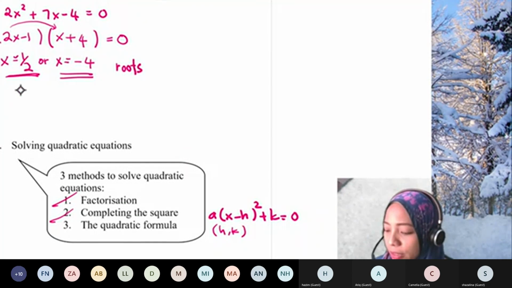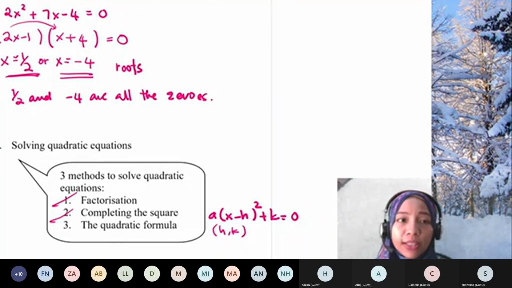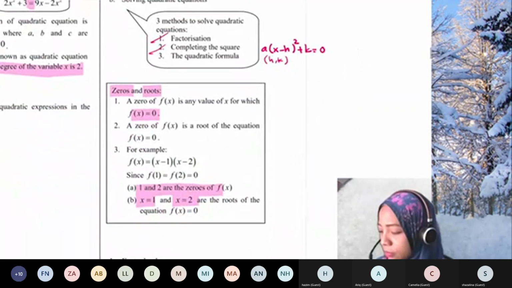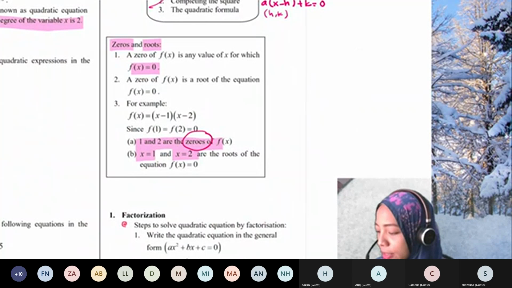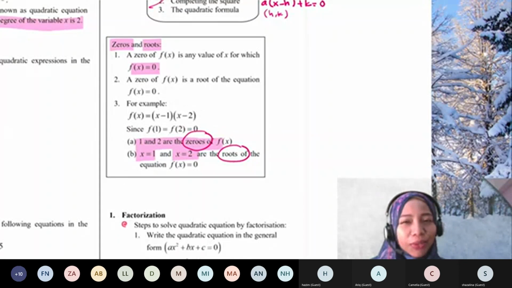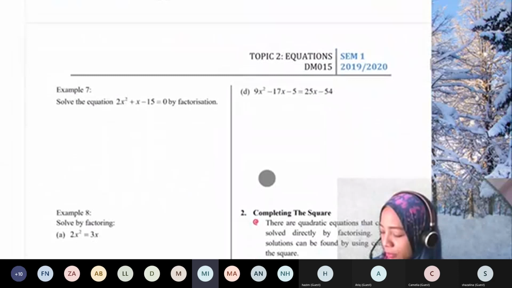But the zeros are what? The zeros are 1 over 2 and negative 4 are all the zeros. It's the same, you all. Just the way you present your answer. Okay? Can? Can or not? This is zeros, this is roots. Can you all? Can. Okay, good.